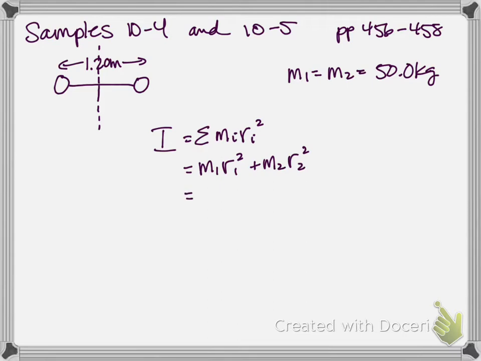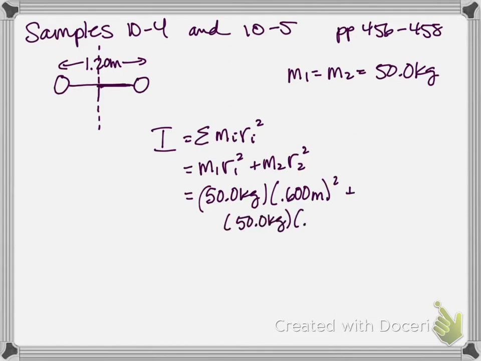The masses are the same and the radii are the same, but let's be explicit. 50 kilograms times 0.6 meters, because we're halfway, squared, plus another 50 kilograms, the other mass, also 60 centimeters away, and we square that. And we get 36 kilogram meters squared. That's the rotational inertia of this situation, rotated about its center of mass.